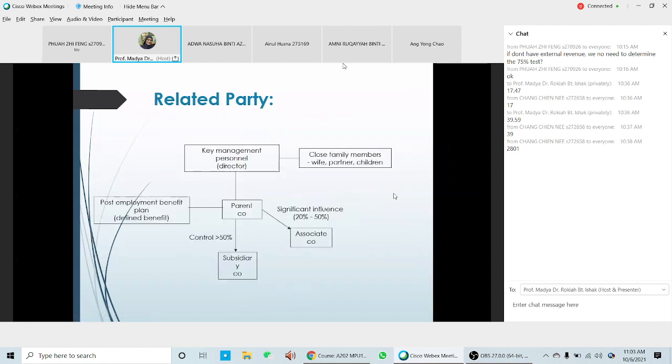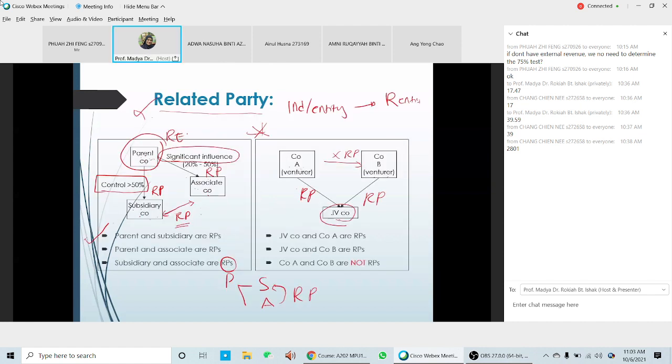Okay, so the next one. This is another thing that relates to a related party. Related party relates to the reporting entity, and this one relates to the individual. So the first individual that we have here is, if you look here, this one is an individual. The previous one was an entity, an entity or company.